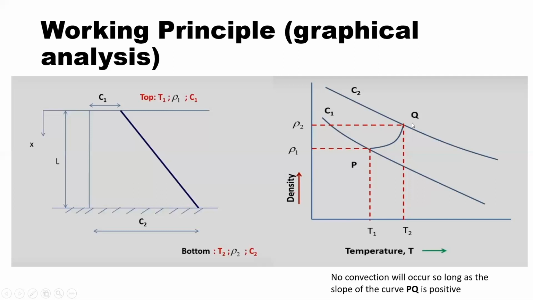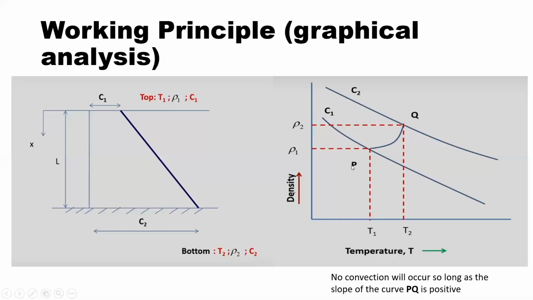The top layer is indicated by point P, and the bottom layer is indicated by point Q. Similar points are located for intermediate layers, and the curve PQ is drawn, showing the variation of density as one moves downwards in the pond. So the concentration at the bottom is indicated by Q, and the concentration at the top is indicated by P. When we calculate the intermediate layers' density, temperature variation and concentration, we can plot the PQ curve.